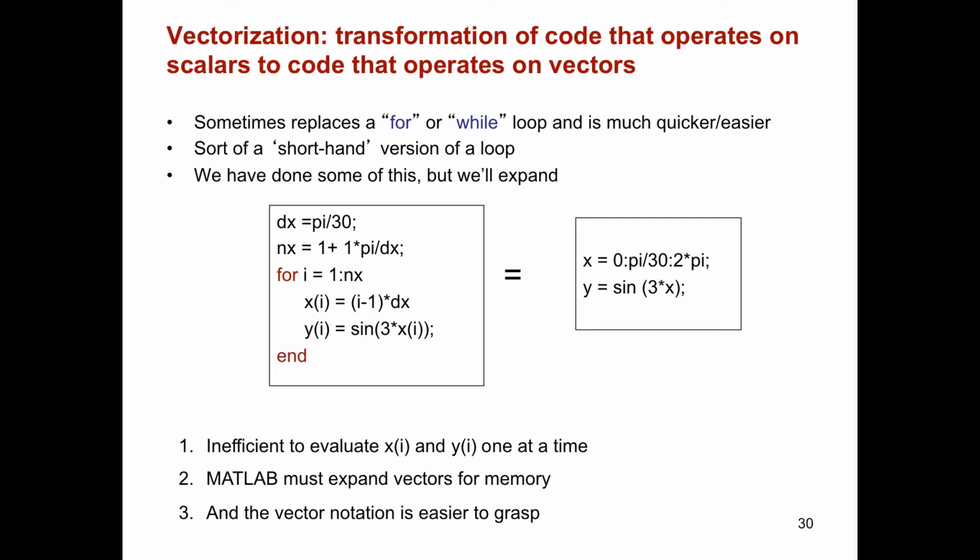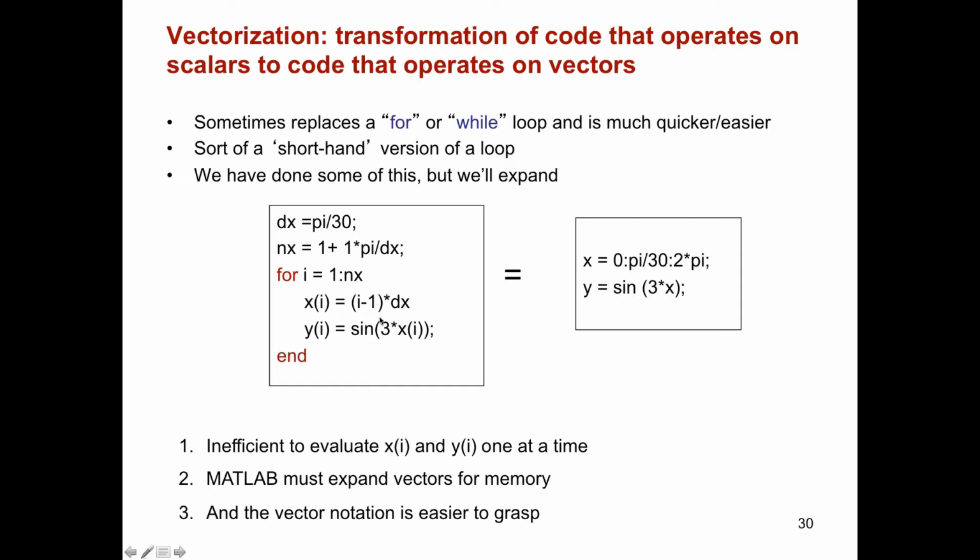So in this particular case, you could write this code where delta x is pi over 30, and you have a number of values. If you want to discretize things between 0 and pi, this would be the number of values that you would have, so you would execute this in a for loop, right?